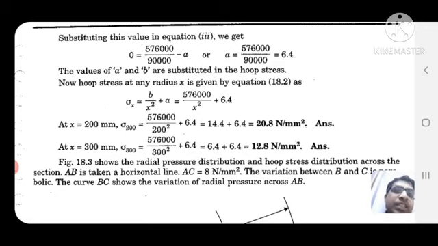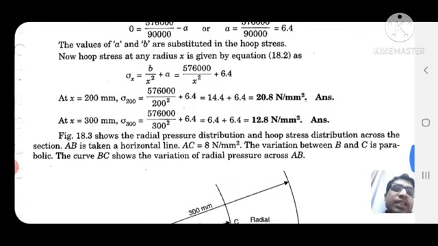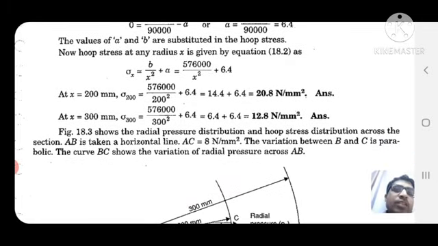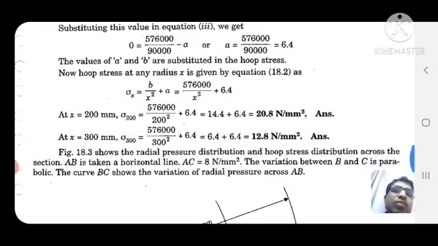Now hoop stress at any radius x is given by the equation sigma x equal to B by x square plus A. Here, B is 576,000, so sigma x equal to 576,000 divided by x square plus 6.4.